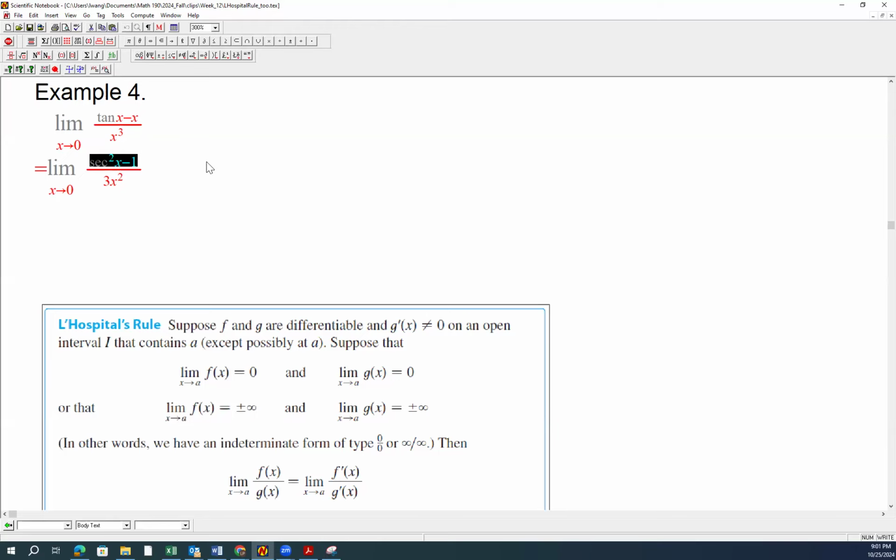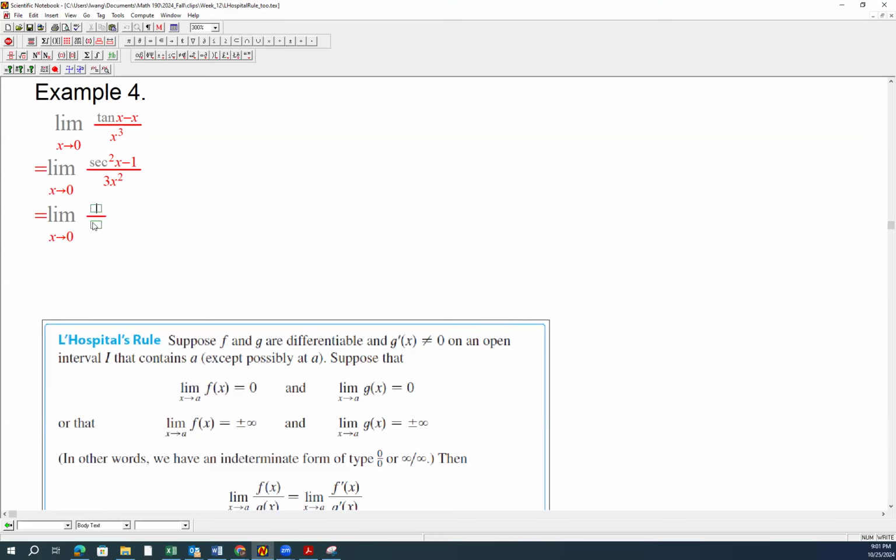So we could take a derivative again. We can still apply L'Hopital rule. So let's try it. We're going to apply L'Hopital rule the second time.